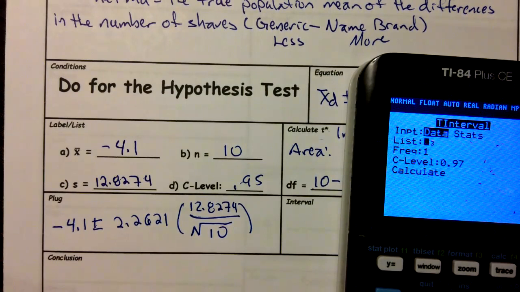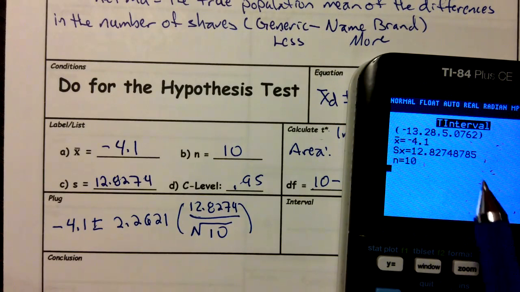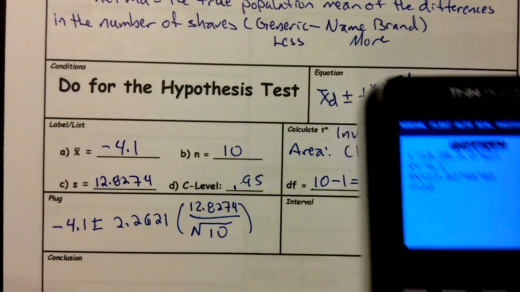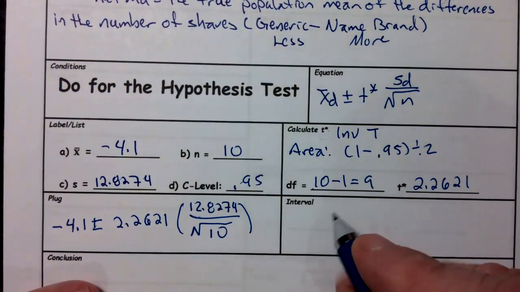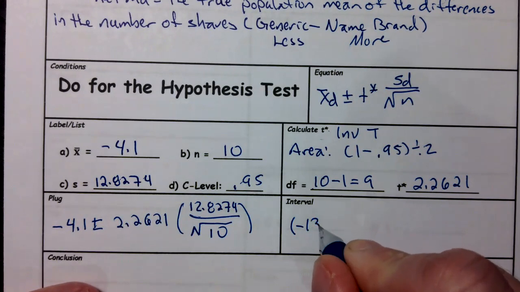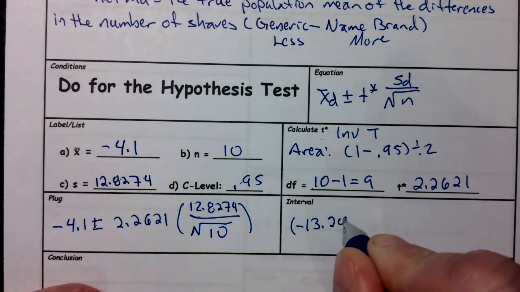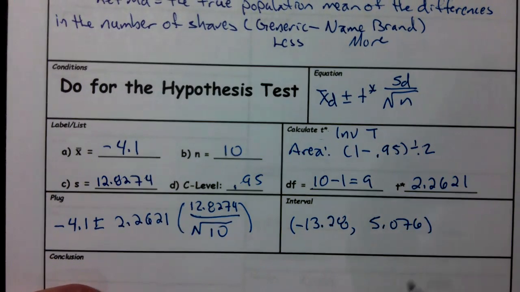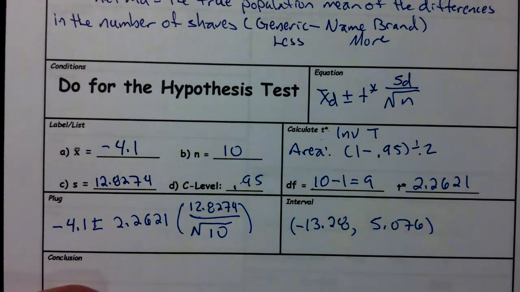We use data. Our data happened to be set in L3, and we needed to put 0.95 for the size of our confidence level. And we end up getting a pretty large range of negative 13.28 to 5.076.